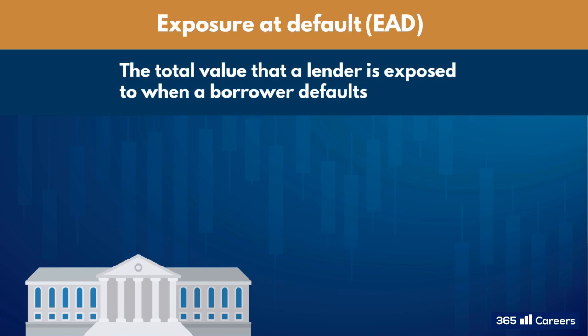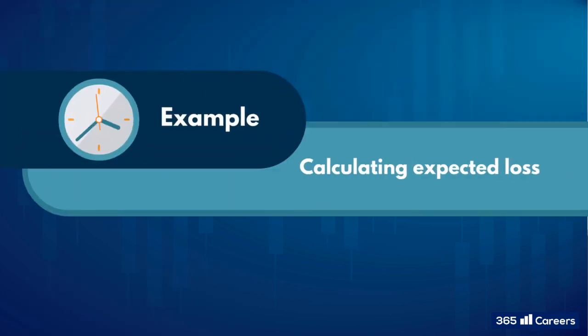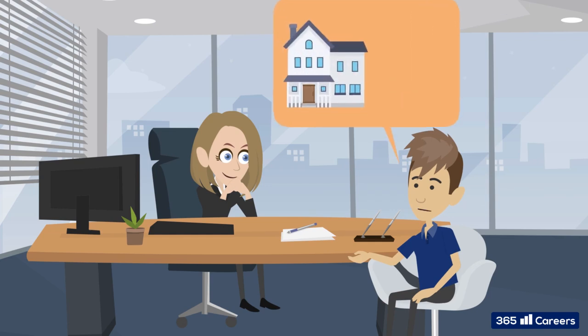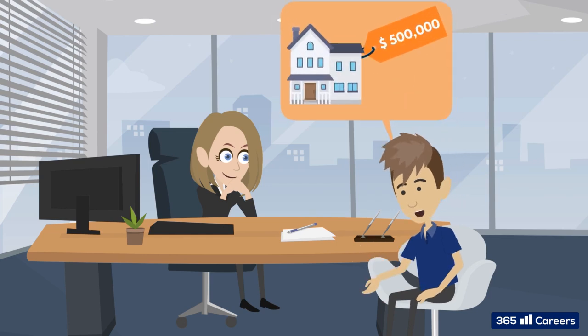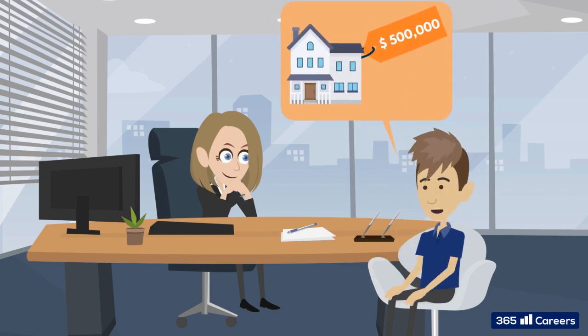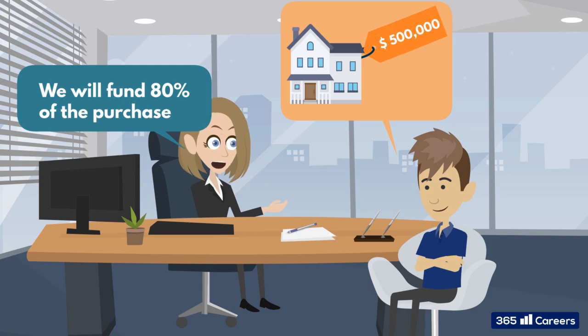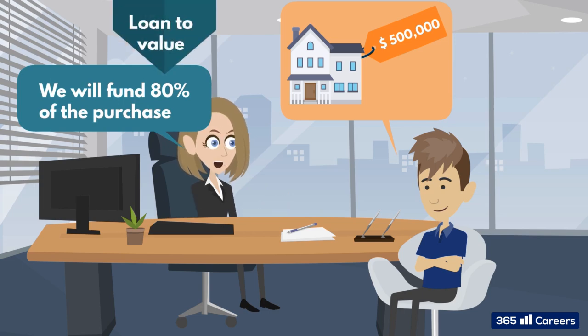Let me show you a simple example of how expected loss is being calculated. Let's assume that a borrower wants to buy a house for $500,000. The lender, that is, the bank, funds 80% of the purchase. This proportion is often referred to as loan to value, so we can say that loan to value is 80%.